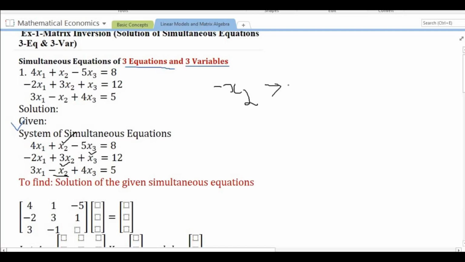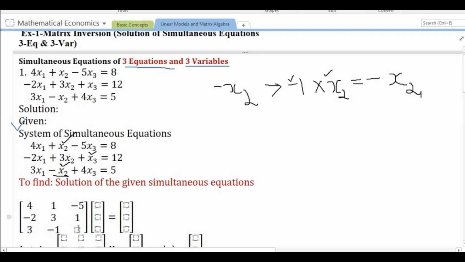So this will be minus 1 times x2. Minus into plus is minus 1 times x2 is equal to x2. So the coefficient is minus 1. Similarly for the others as well. The last one is 4.